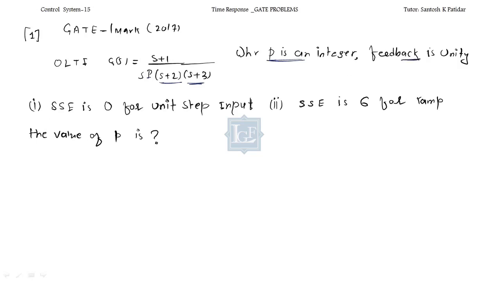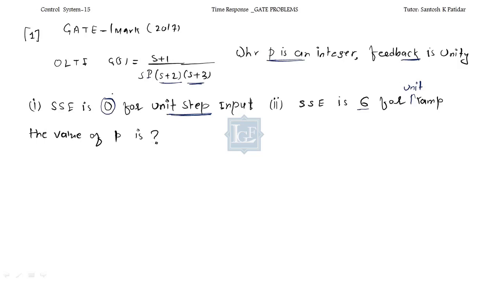Two conditions are given: the steady state error is 0 for unit step input, and the steady state error is 6 for unit ramp input. He's asking for the value of p.